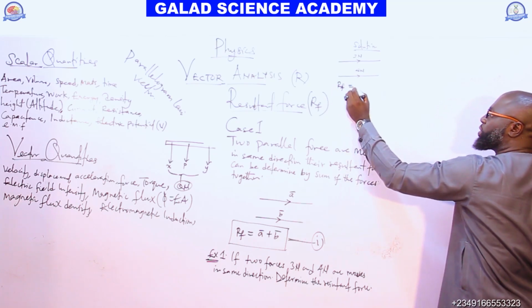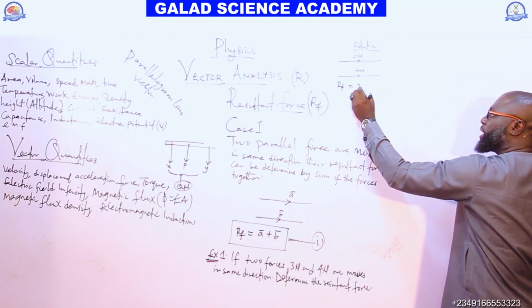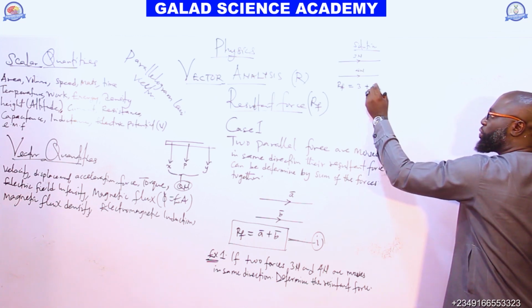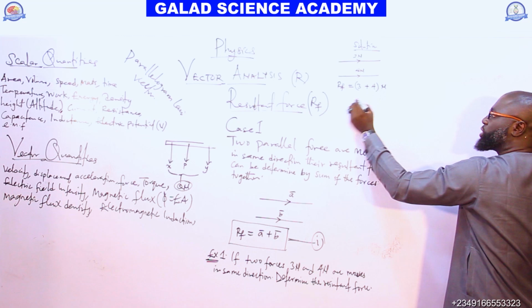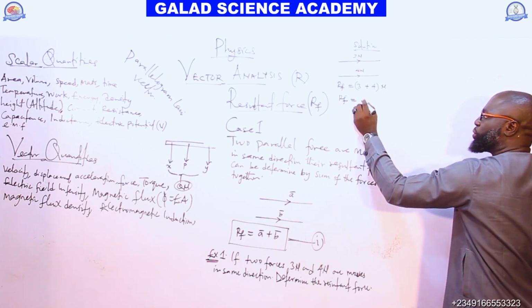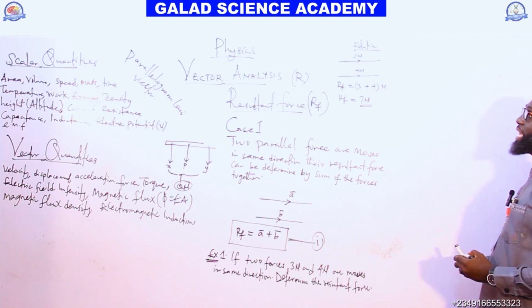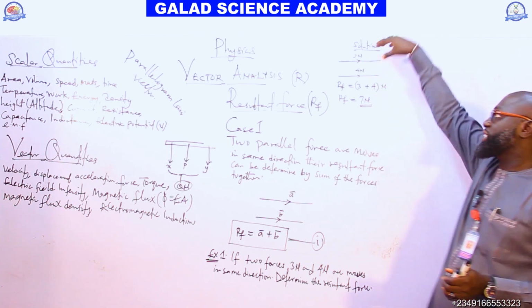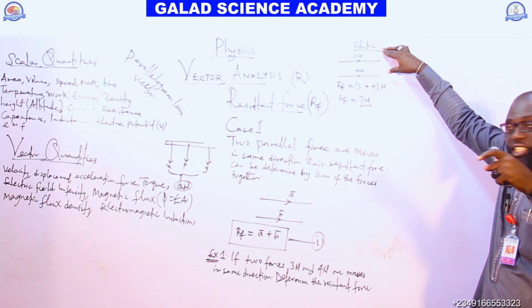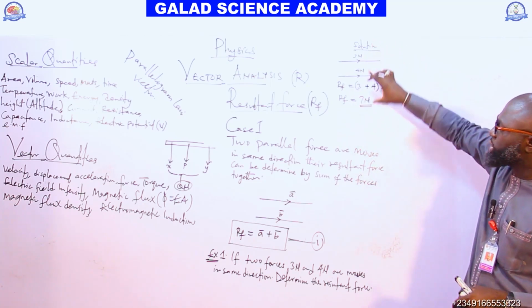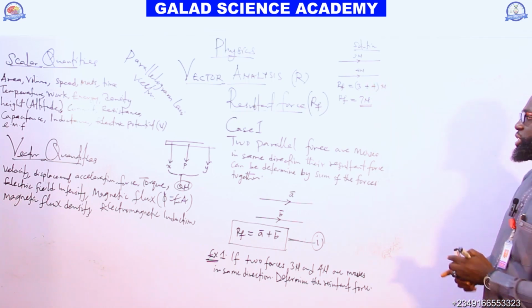RF will be 3 plus 4, everything in Newton. The resultant force is 7 Newton. Like I said earlier, the resultant force is a single force that represents all the forces acting on a body. So the resultant force for these two forces is 7 Newton.